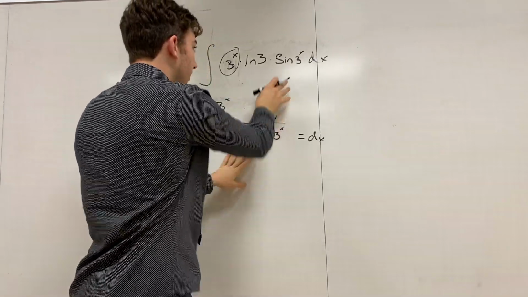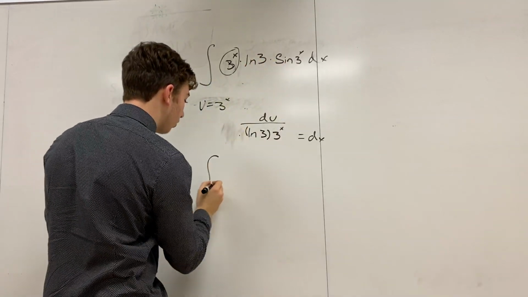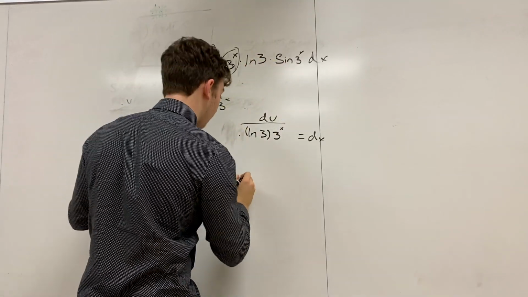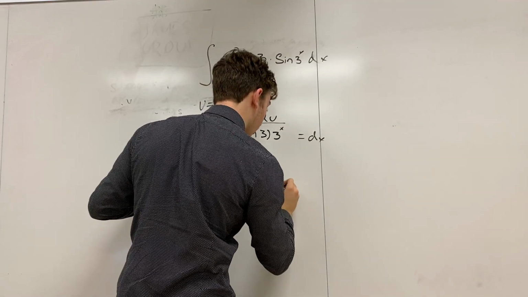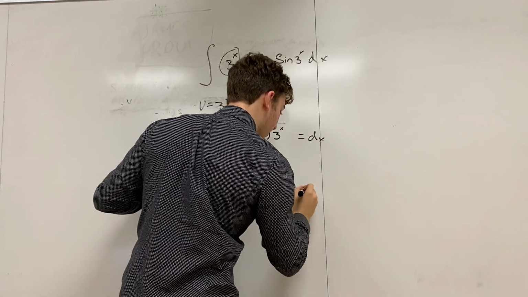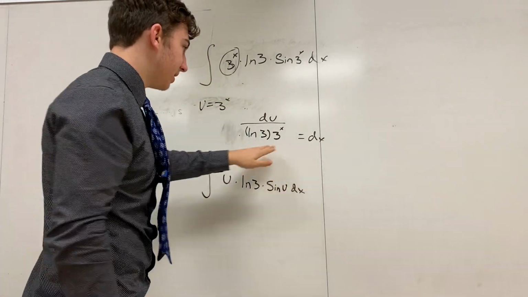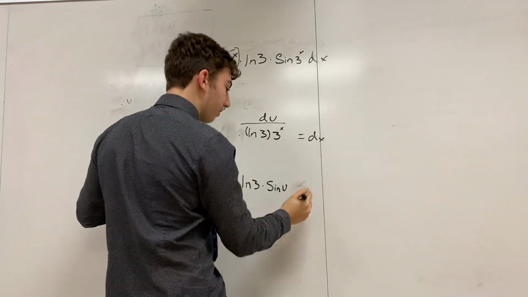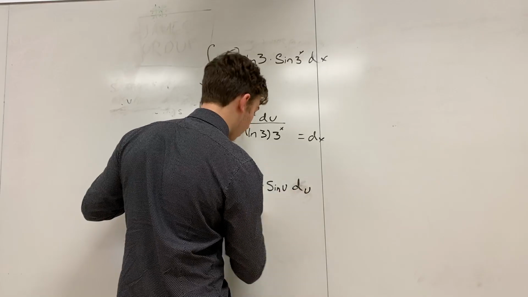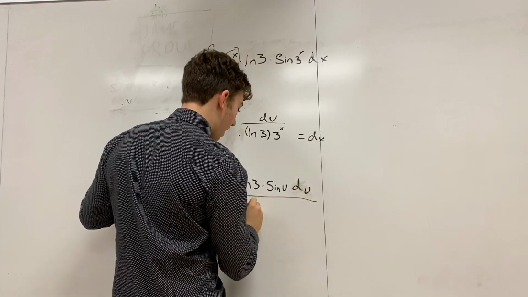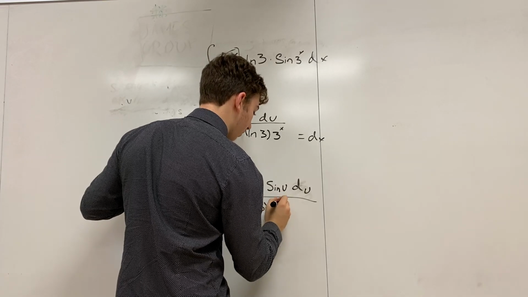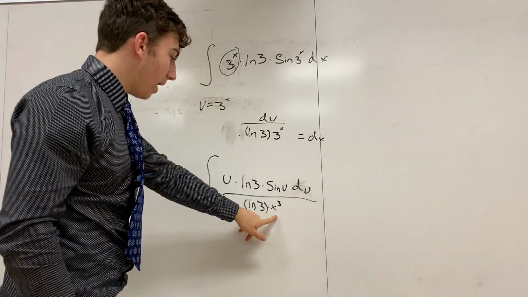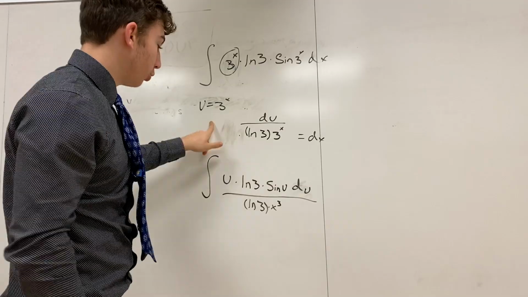If we start subbing in, it's now the integral of ln 3 multiplied by sine of u dx. Now we replace the dx with du divided by ln of 3 multiplied by 3 to the power of x. So we know 3 to the power of x is also u.